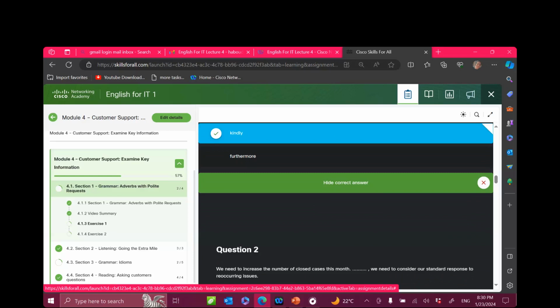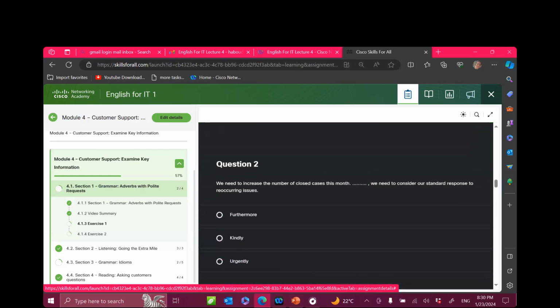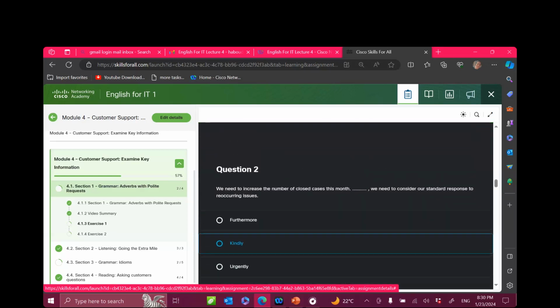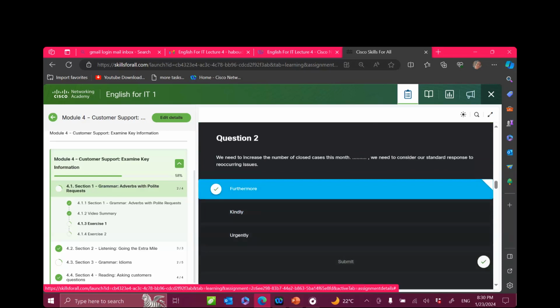So what do you think here? Furthermore, kindly, urgently, what do you think? So I have one sentence and then another one. At the beginning, I need an adverb. So what do you think this would be? Excellent.